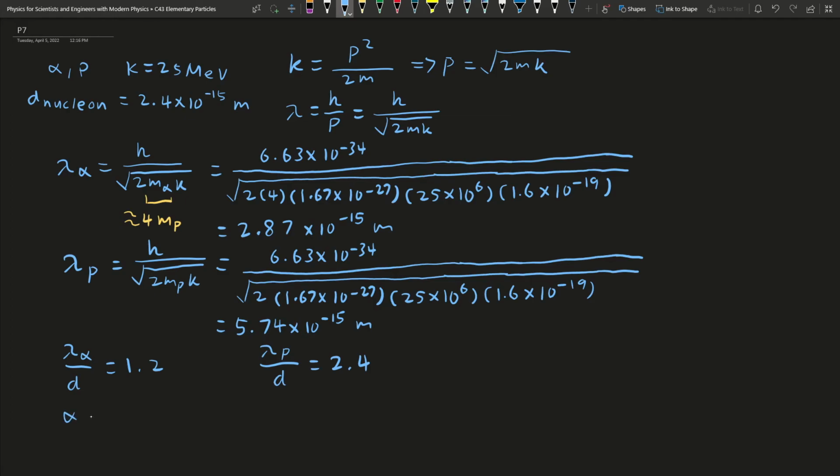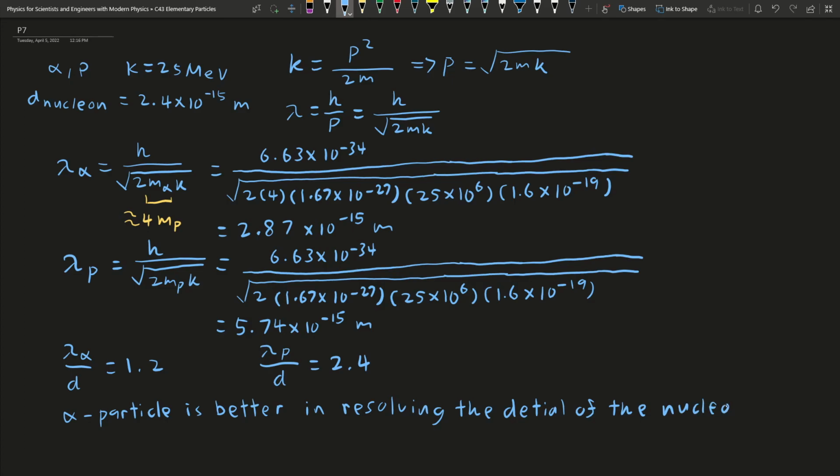So we can conclude that the alpha particle is better in resolving the detail of the nucleon. So this is the answer for this question.